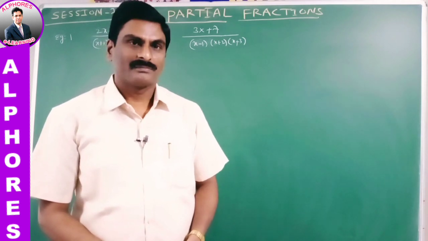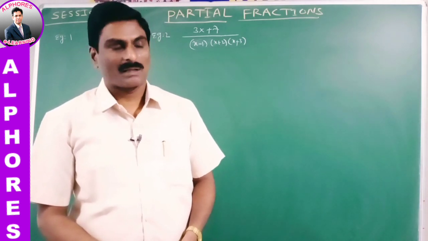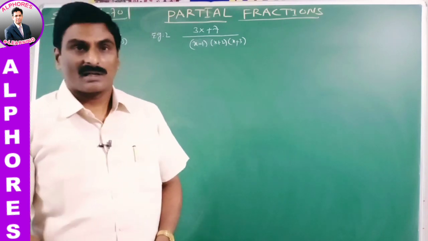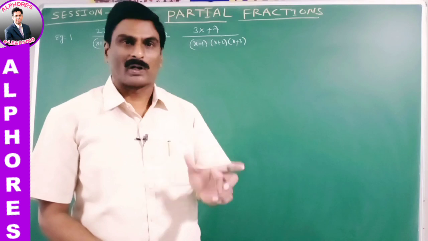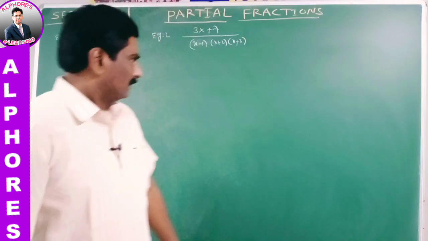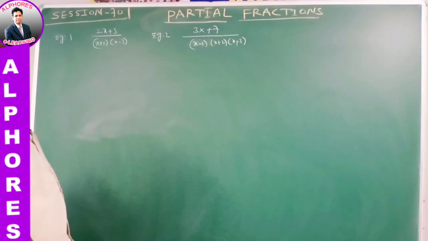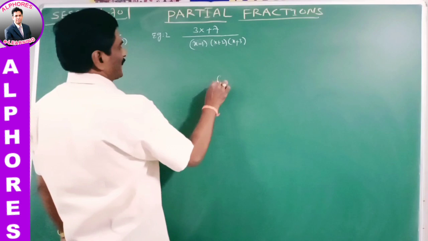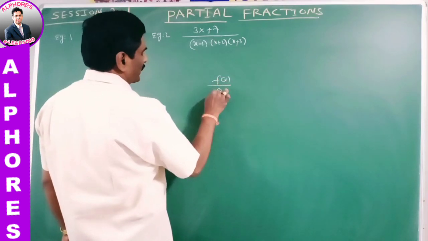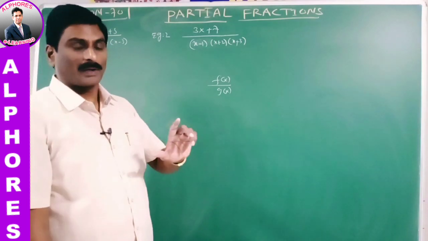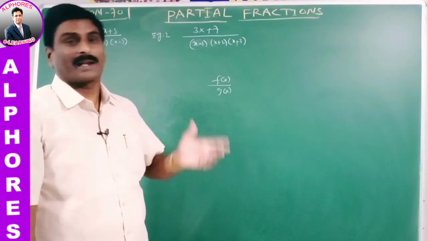In this session, I am going to discuss partial fractions. Already in the last class we started type 1 partial fractions. First, if f of x by g of x is a rational function, it is proper or improper.